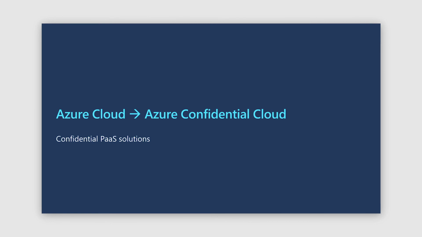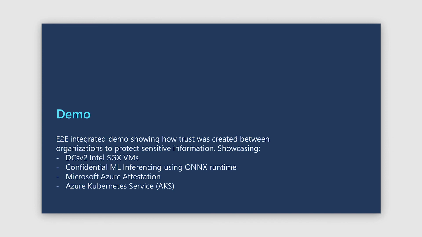What we've done is we've taken the services that you use and made them confidential. So I'm going to walk you through a full end-to-end integrated demo showing how trust can be created between organizations to protect private and sensitive information.